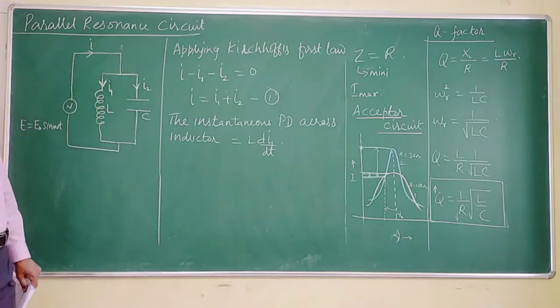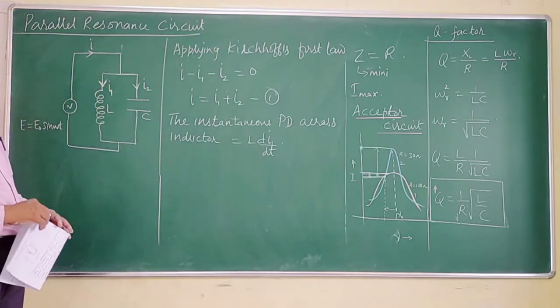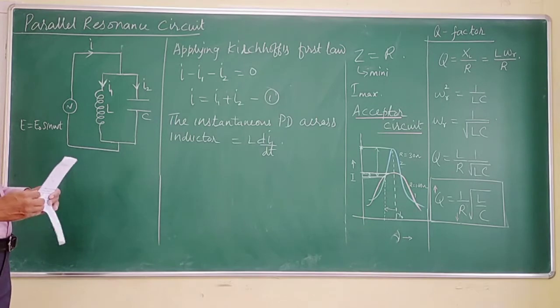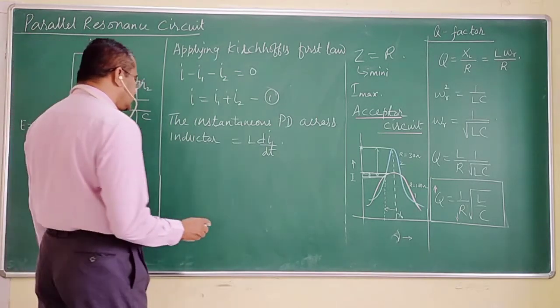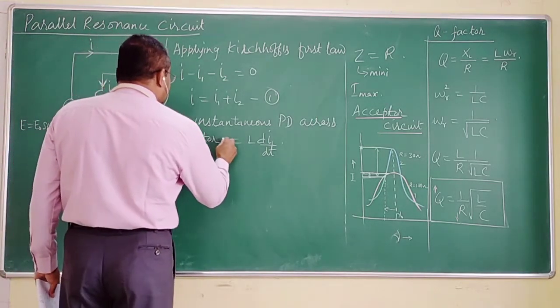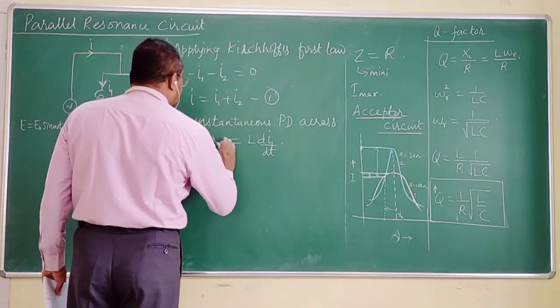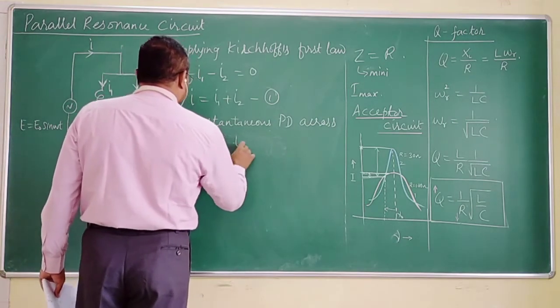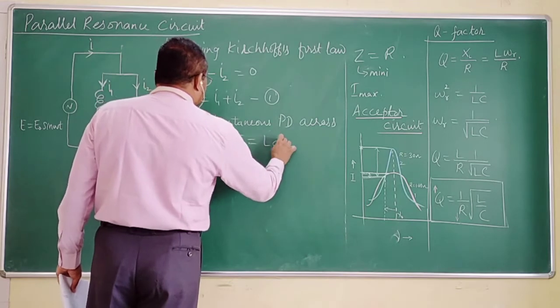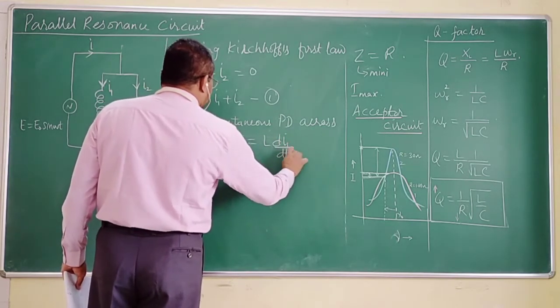This will be the instantaneous potential difference across the inductor, and this is equal to E. In other words, E is equal to L di1 by dt.